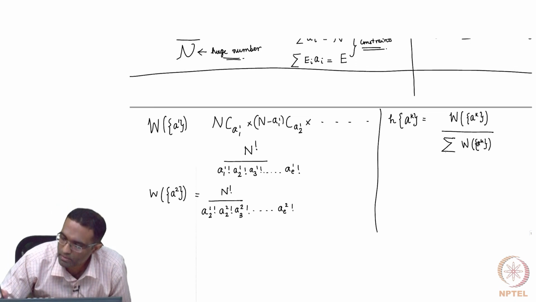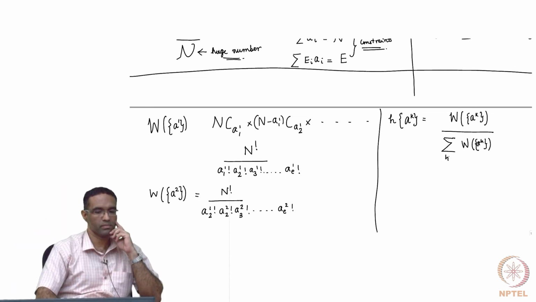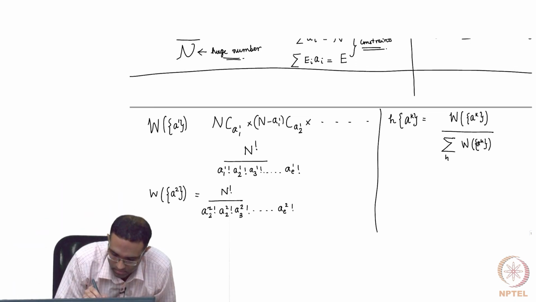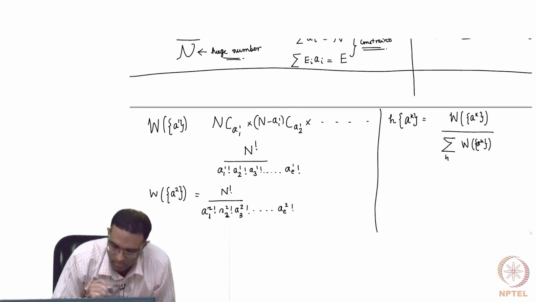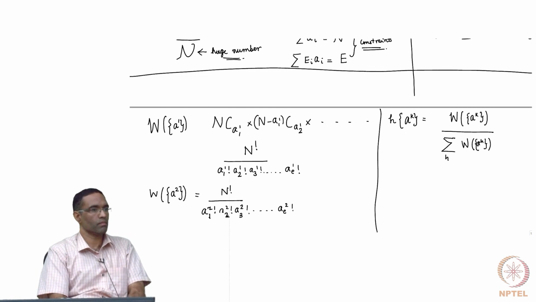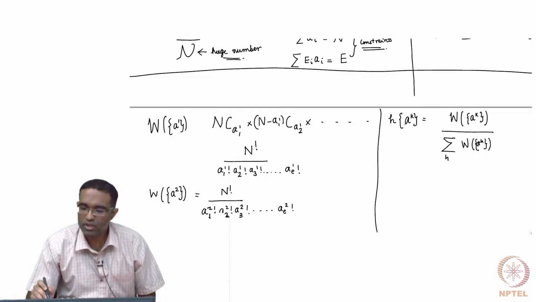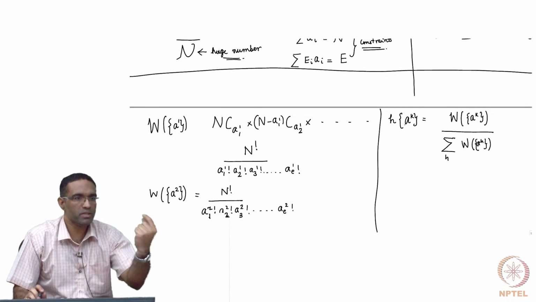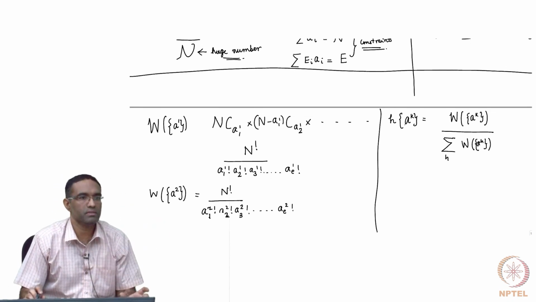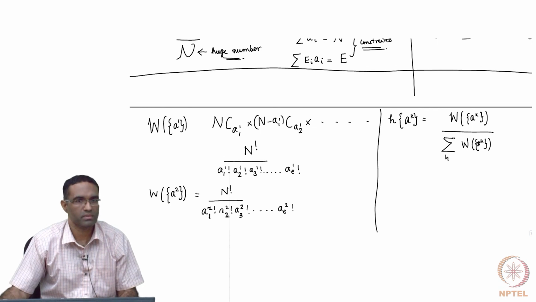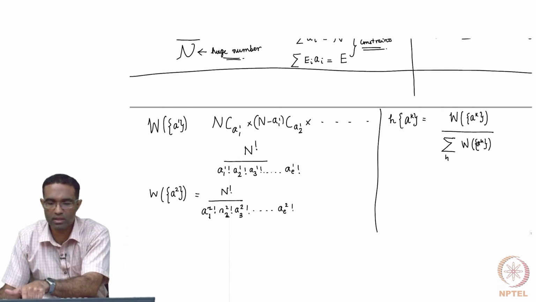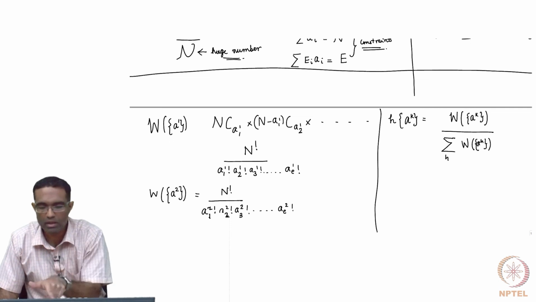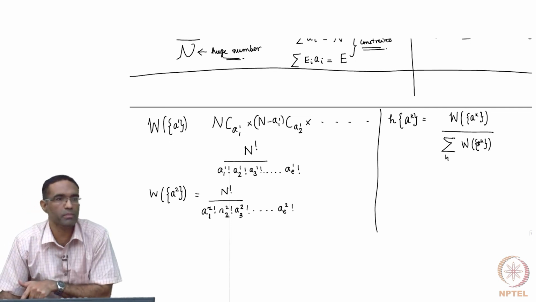Summation over k. This probability is nothing but the probability that a specific distribution can be realized, because it is the total number of ways a particular distribution can be realized divided by the total number of ways all possible distributions can be realized.